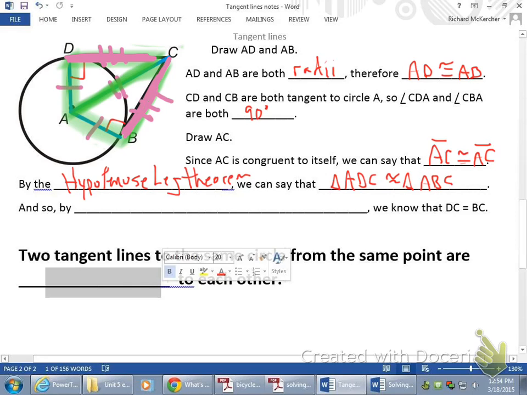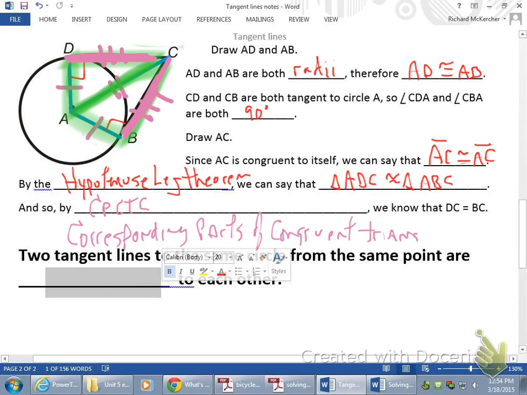And we call that CPCTC, or in other words, corresponding parts of congruent triangles are congruent. All right. And again, the abbreviation for that is CPCTC.